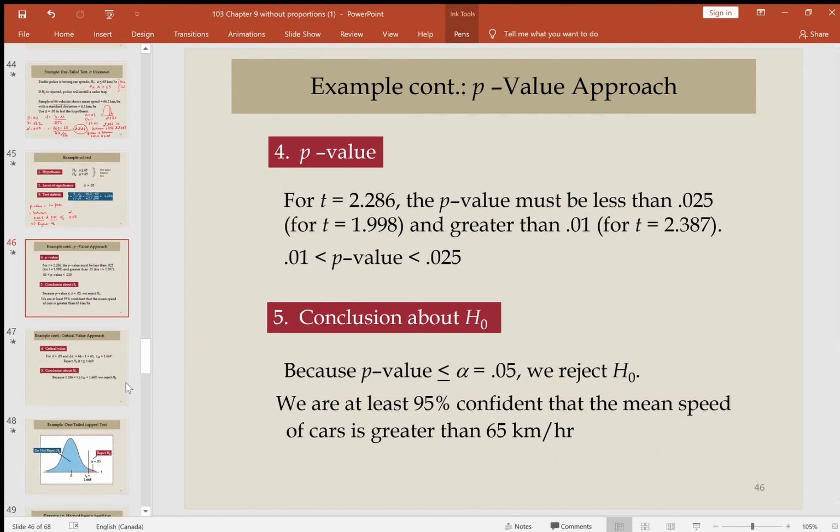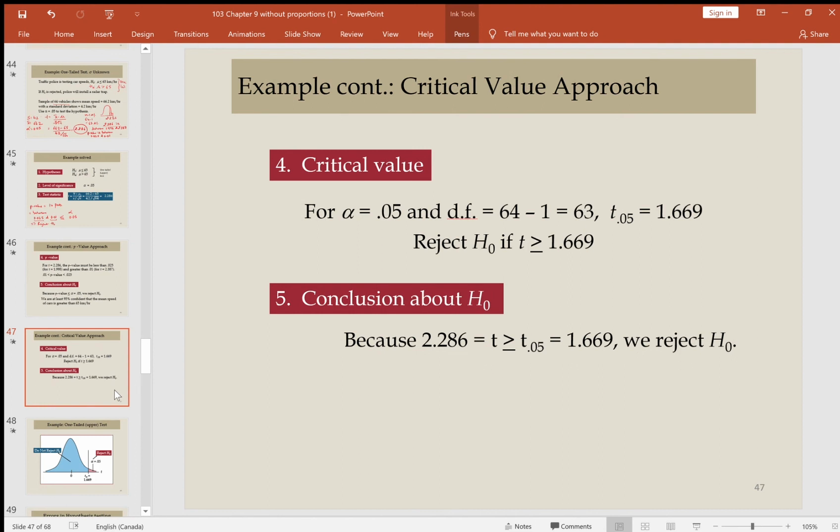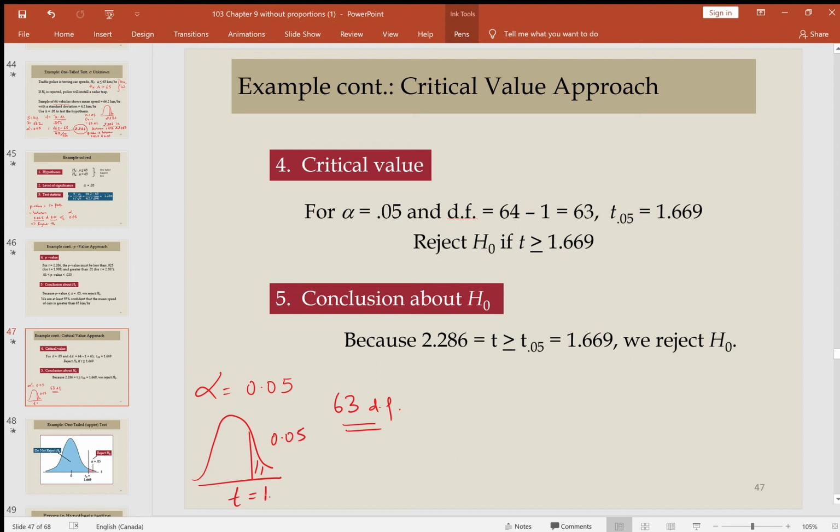Okay, now if you were to use a critical value approach, remember alpha is 0.05, and it's a one-tailed test. If alpha is 0.05 and for 63 degrees of freedom, our t-score from the table will be 1.669, right?